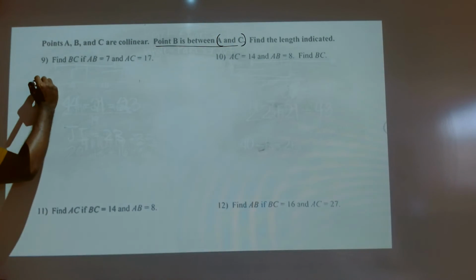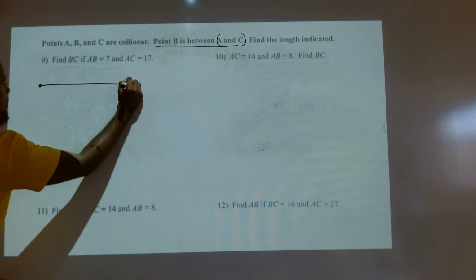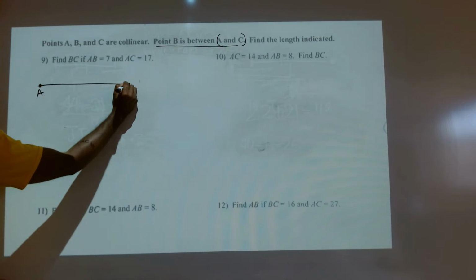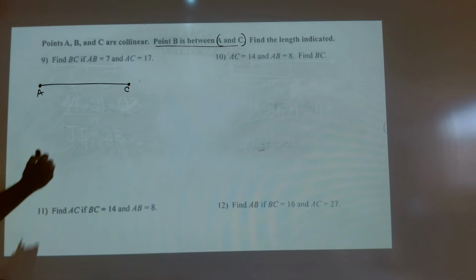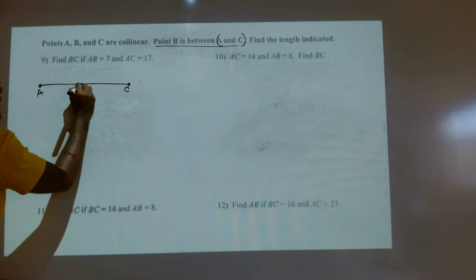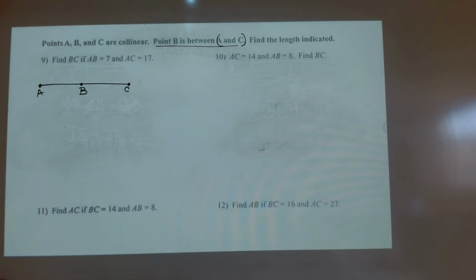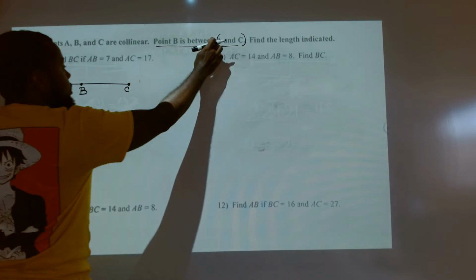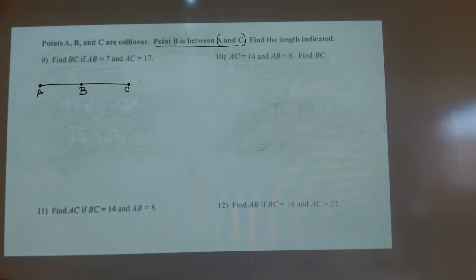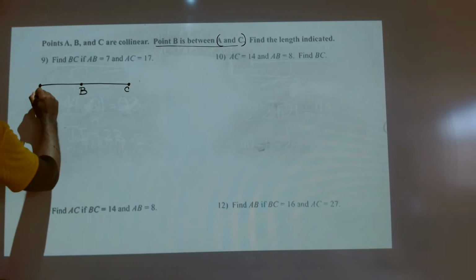So when you draw your line segment, A will be here, C will be there, and then B could be right there. When it says point B is between A and C, that means AC is your full length.